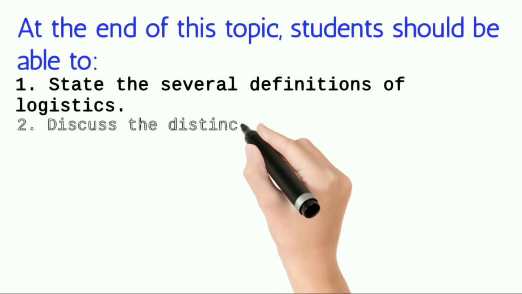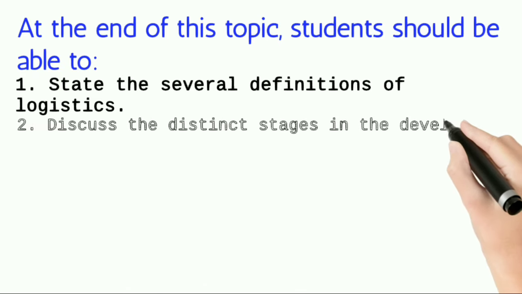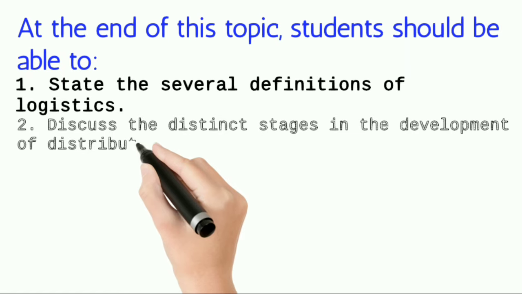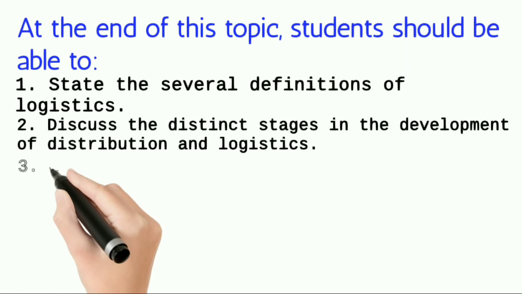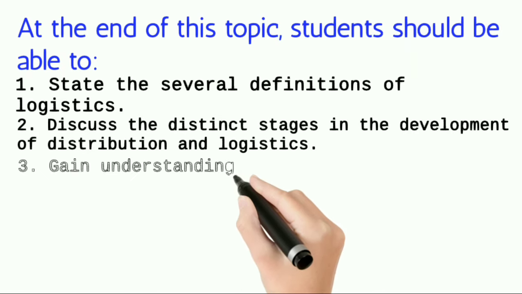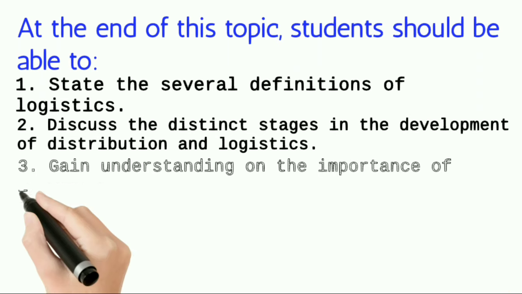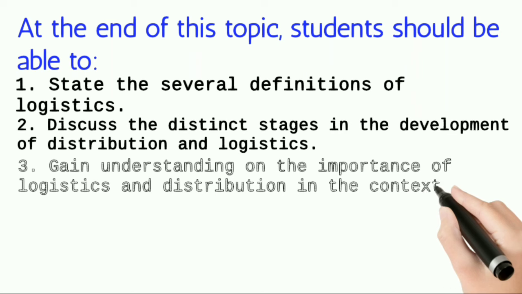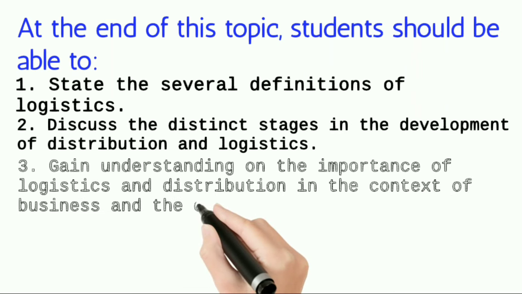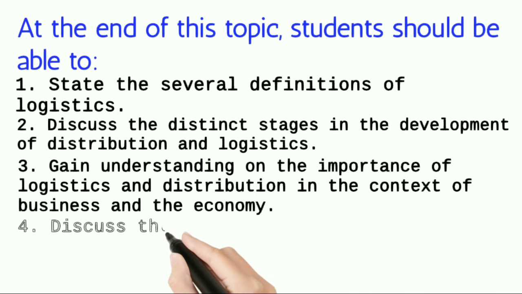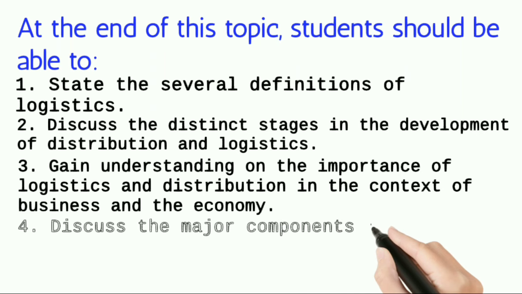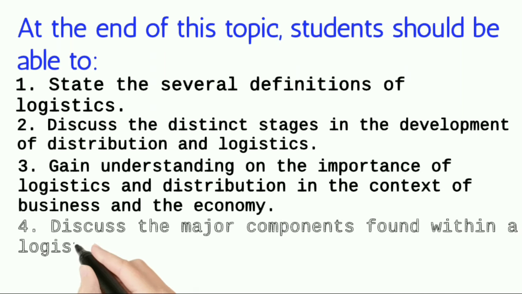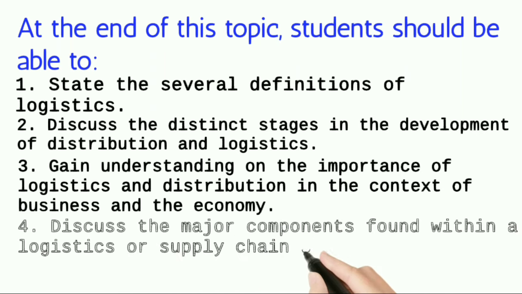Second, discuss the distinct stages in the development of distribution and logistics. Third, gain understanding on the importance of logistics and distribution in the context of business and the economy. And fourth, discuss the major components found within a logistics or supply chain system.